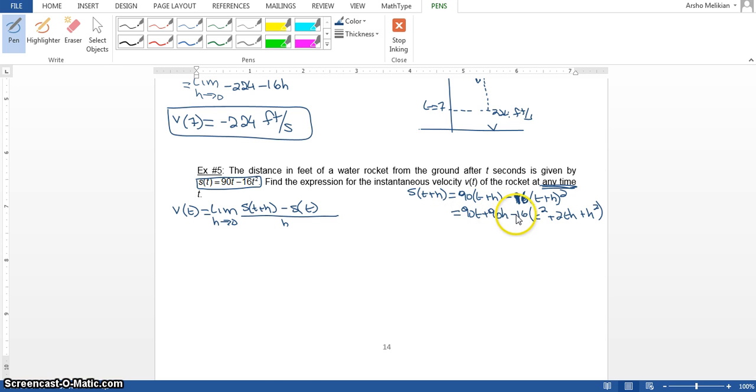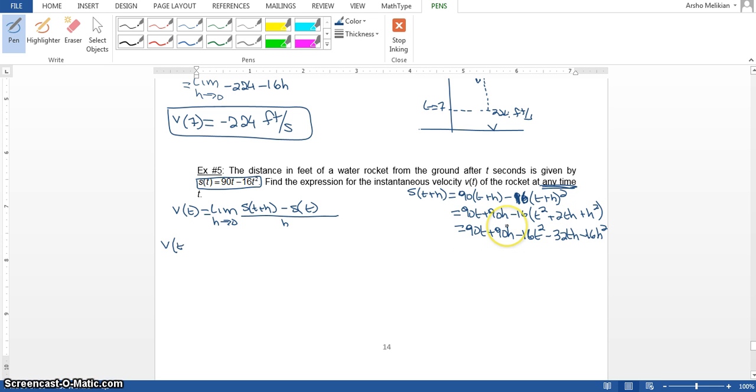Okay. So this is 90t plus 90h minus 16t squared minus 32th minus 16h squared. Okay? And s of t we're given here.